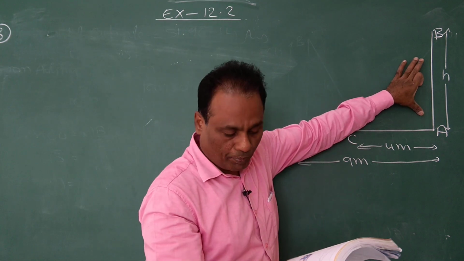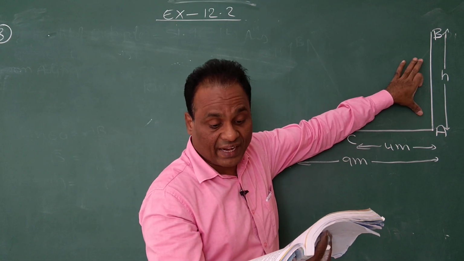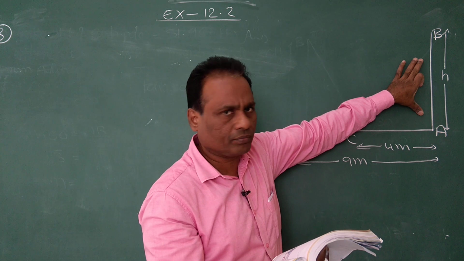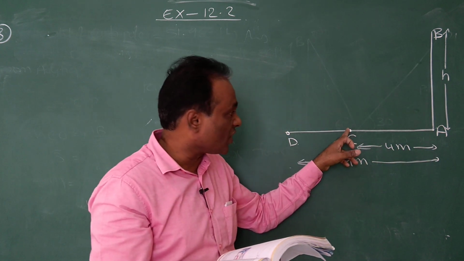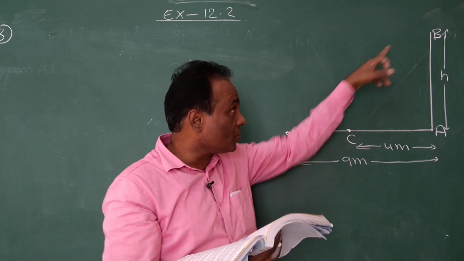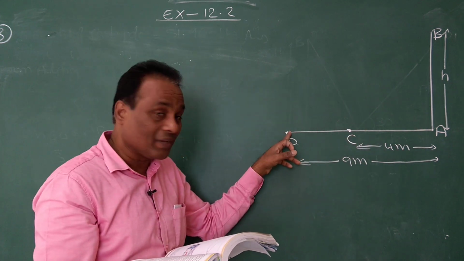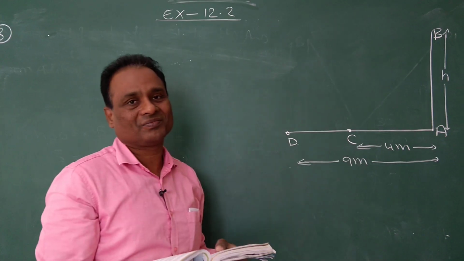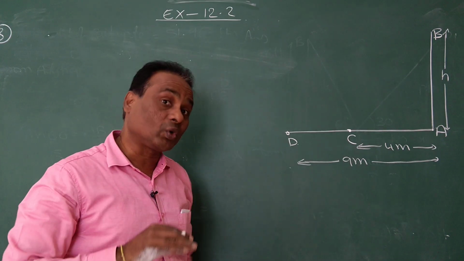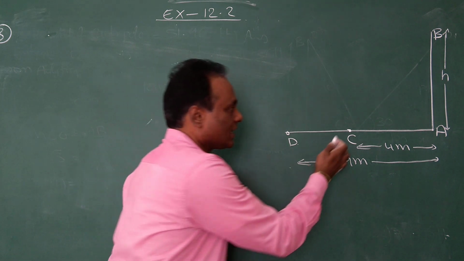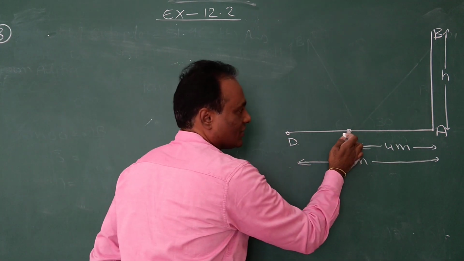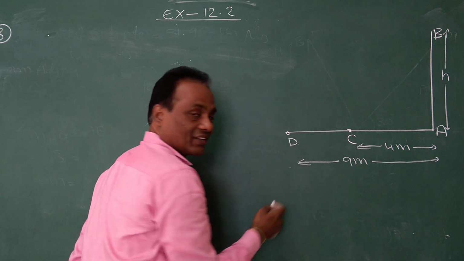See, AB is the pole, and we have to find its height. Let the height be h. At a distance of 4 meters, we observed it. At a distance of 9 meters, we observed it. We observed from 2 points. The first point is at 4 meters distance. The second point is at 9 meters distance.